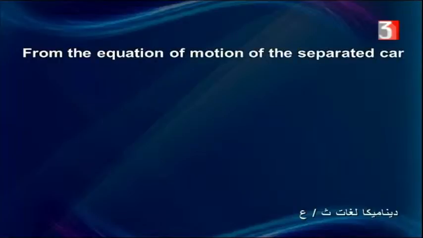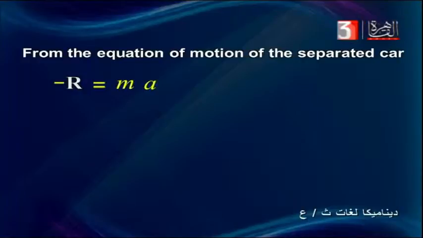From the equation of motion of the separated car, we know that the force which acts on this car is the resistance, in the opposite direction of the car's motion. Then negative R equals M times a, with M the mass of the car in kilograms and the acceleration a in meters per second squared.